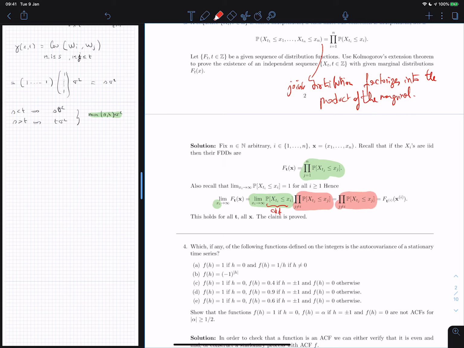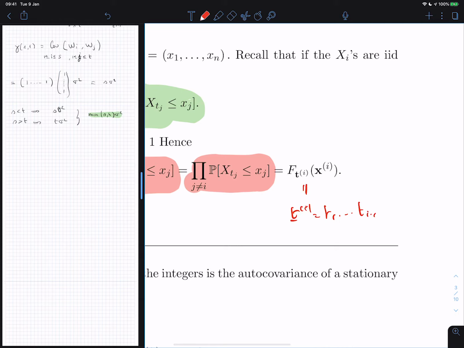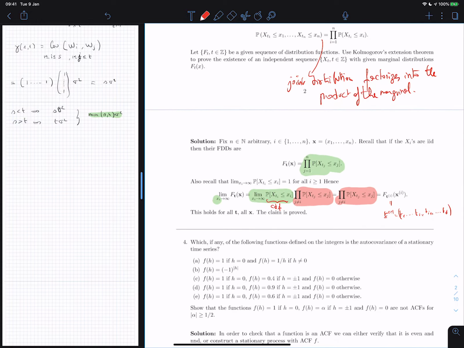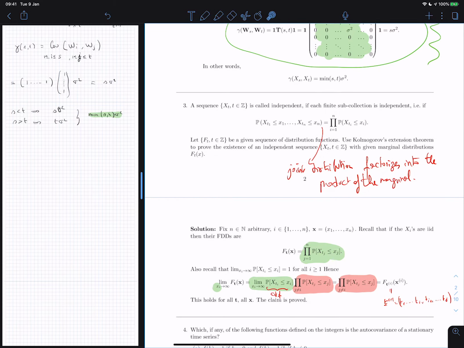But this is by definition the finite dimensional distribution evaluated at the vector t_i, where t_i is t_1 to t_{i-1}, t_{i+1} up to t_d. That's okay? It's not particularly exciting, but it shows that you can always define an independent stochastic process.